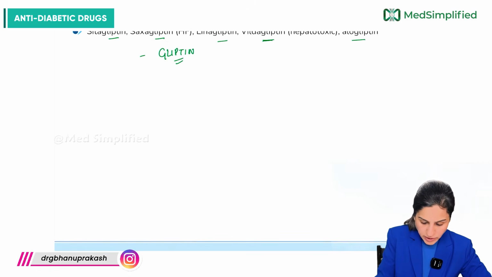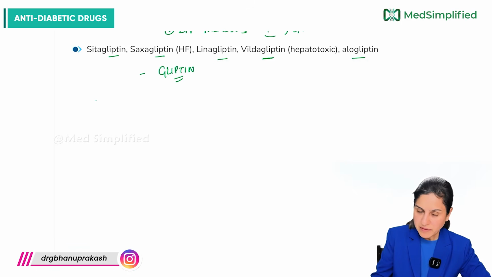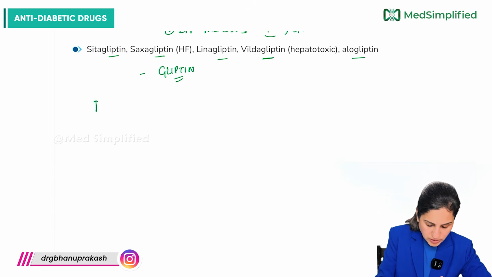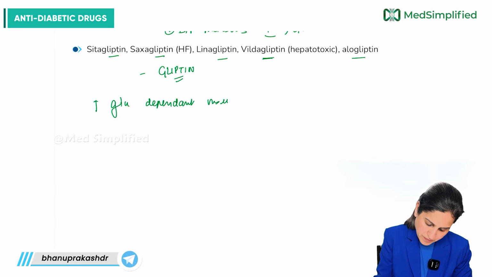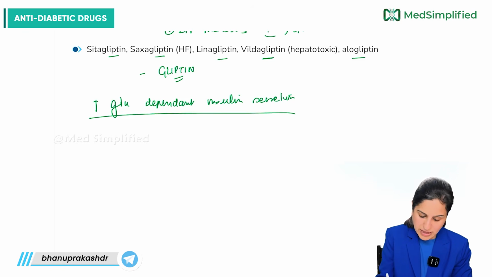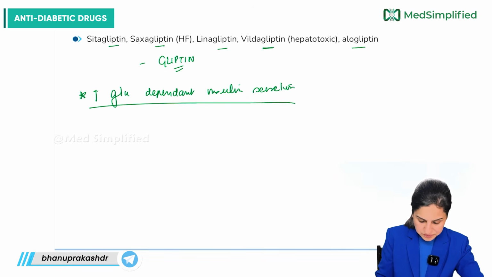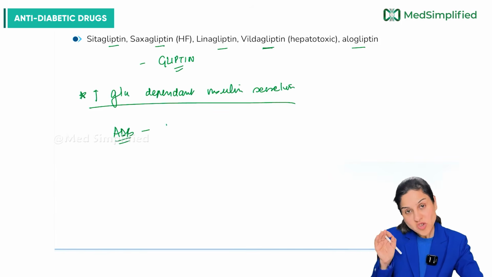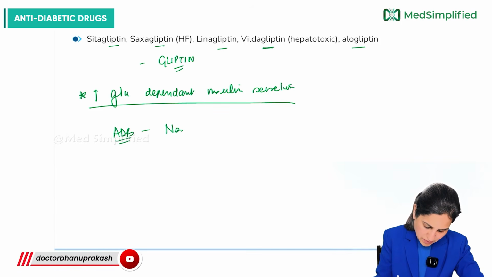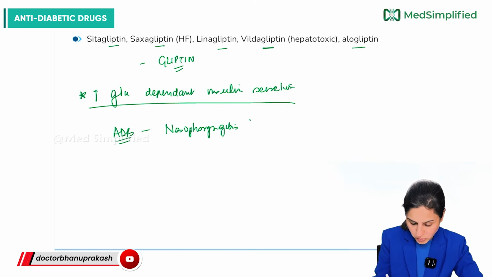So what they do is increase GLP-1 and GIP, and so they also increase glucose dependent insulin secretion. That is the mechanism of action. So what are the adverse effects? The most common adverse effect linked to them is nasopharyngitis because of substance P accumulation.